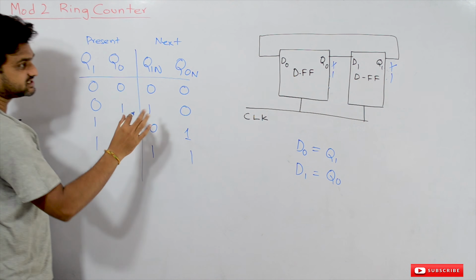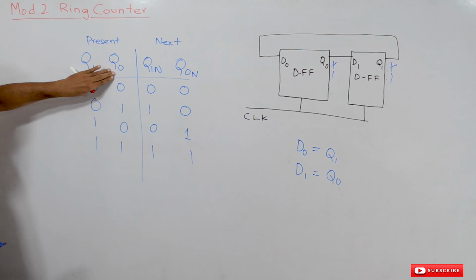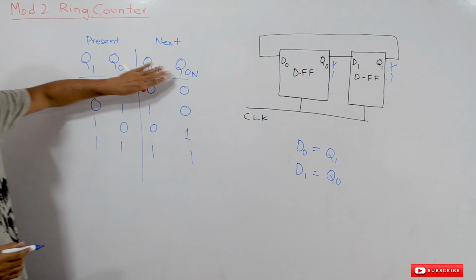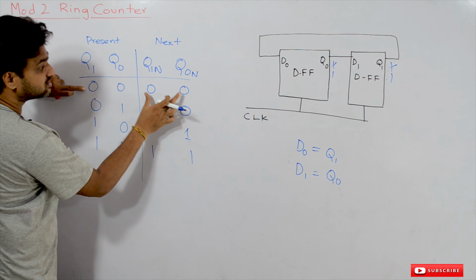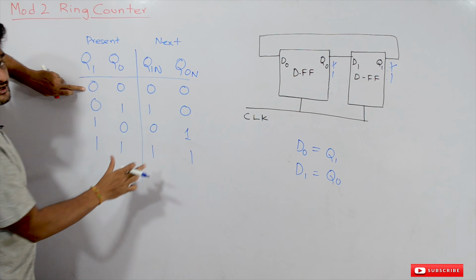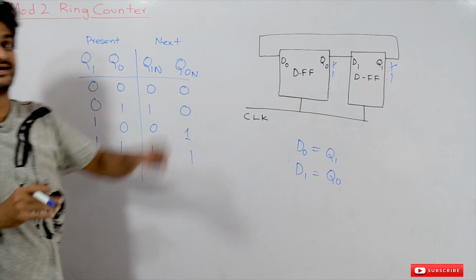So these are the possible values for Q0 and Q1, and these are the corresponding next values that we are going to obtain. Now based upon this table, we are going to draw the state diagram.